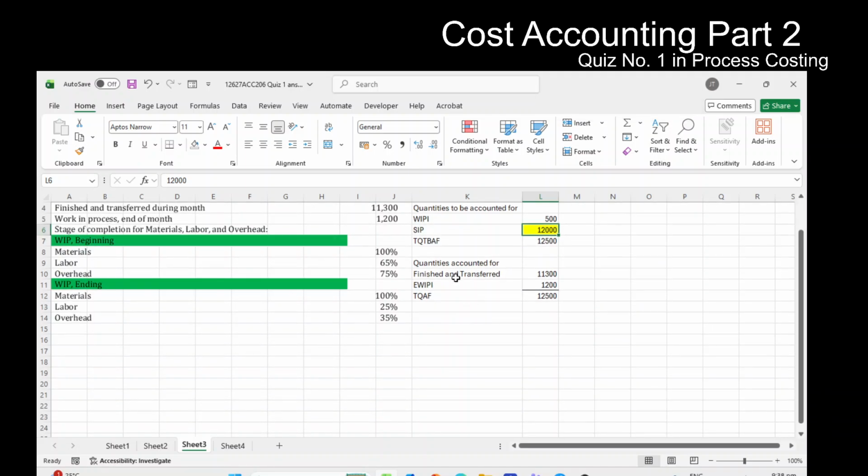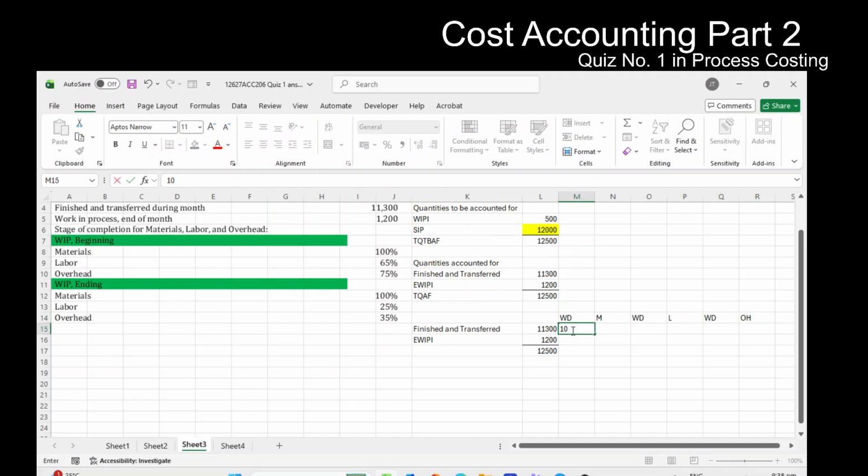Okay? For the computations now of the EUP, tanggalin lang natin to. Sabi natin, we use weighted average. So, wala tayong pakialam sa iba. So, weighted average tayo. So, we have materials, labor, and overhead.